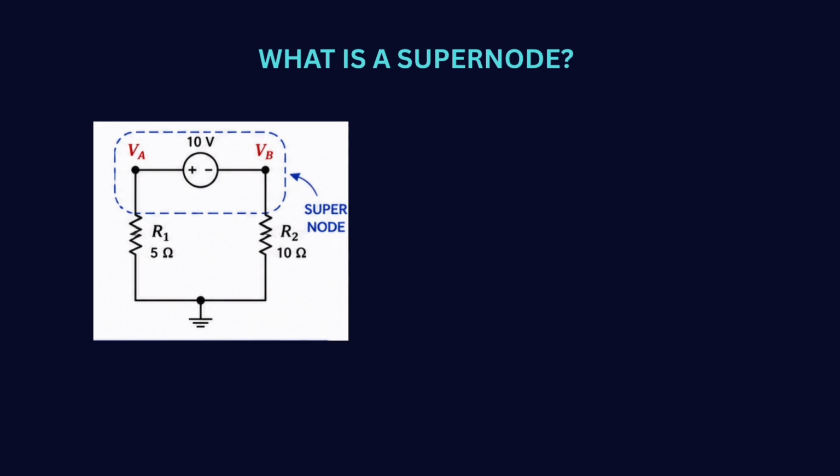In this particular case, we have two unknown node voltages VA and VB, and we have an independent source voltage of 10 volts. By applying KCL, we obtain VA by 5 plus VB by 10 equal to 0. Along with that, we write one additional equation using the voltage source, VA minus VB equal to 10 volts. That's all a supernode is. It is simply two nodes treated as one because of the voltage source between them.